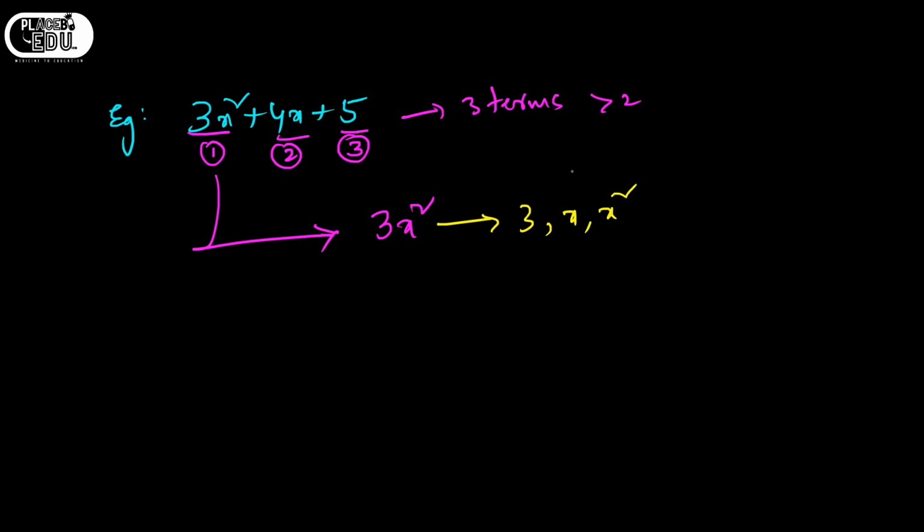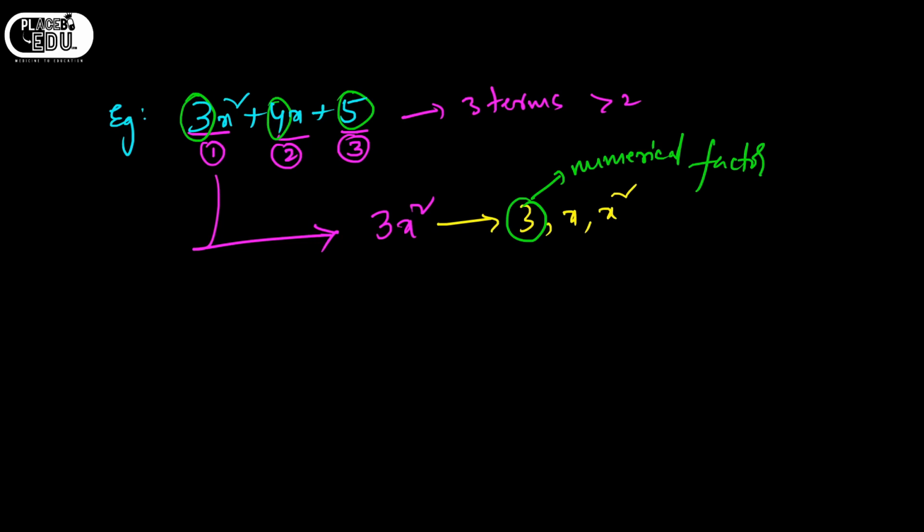In those factors, the constant or the numerical factor is known as the coefficient. So whatever polynomial is given, if you see any number, it will be a coefficient. That means 3 is a coefficient of x square, 4 is a coefficient of x. What about 5? It will not be a coefficient.